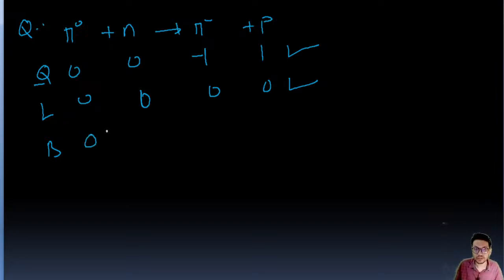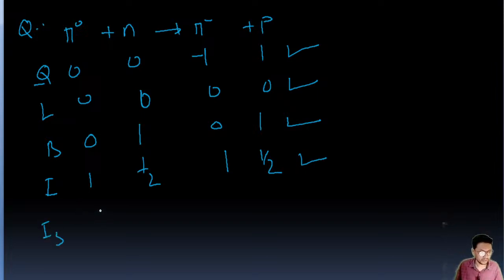Okay, B is 0, 1, 0, 1, conserved. And now I is important. I is 1/2 and 1/2, guys, so this is conserved. I3 is 1/2 and minus 1/2. I have already explained that, how to solve I3 questions. You can check that.